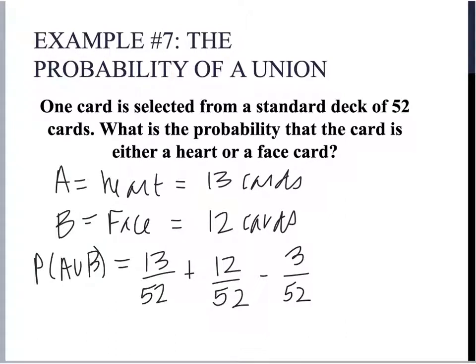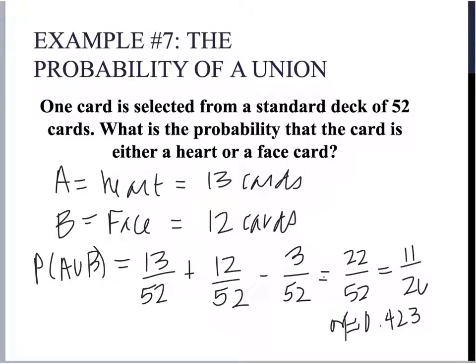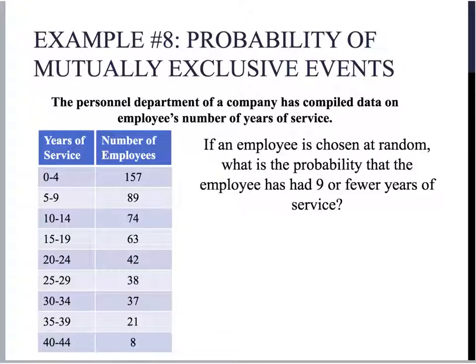And so my total would be, if we're adding and subtracting, which means you go straight across, we would have 22 over 52, which is 11 over 26, or the probability would be about 0.423. Okay? And that means you have about a 42% chance of drawing a heart or a face card from a standard deck of cards. Let's take a look at the next one.